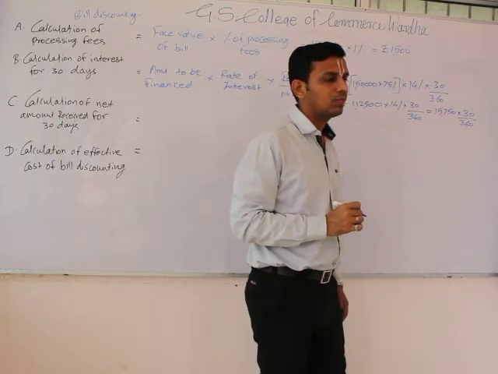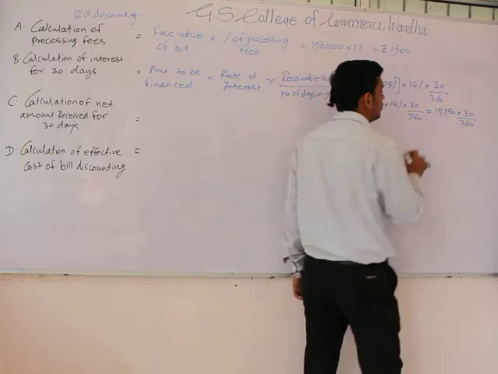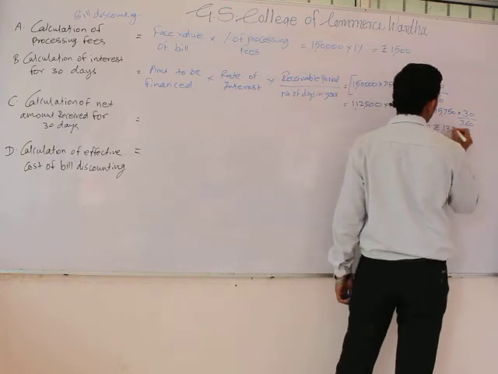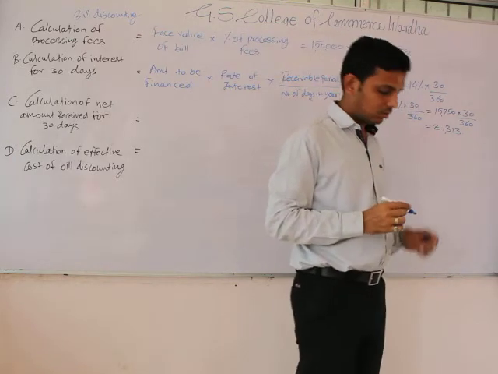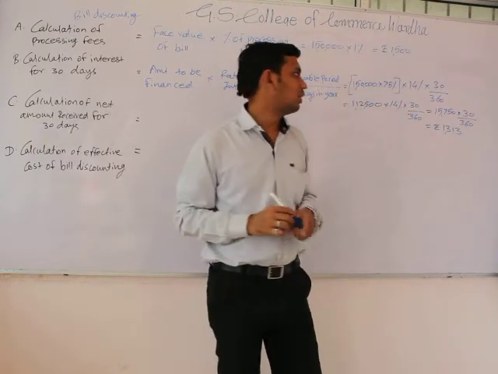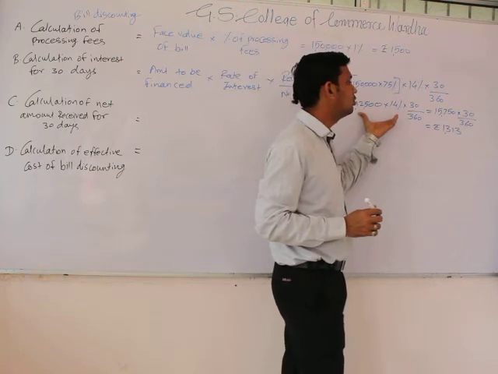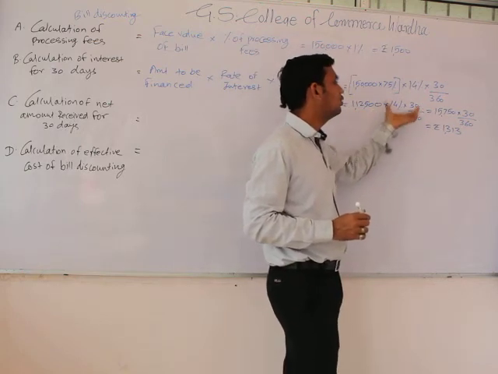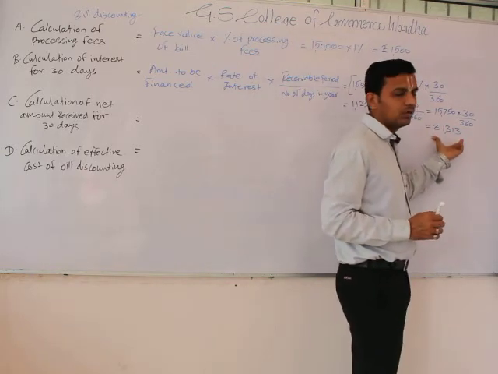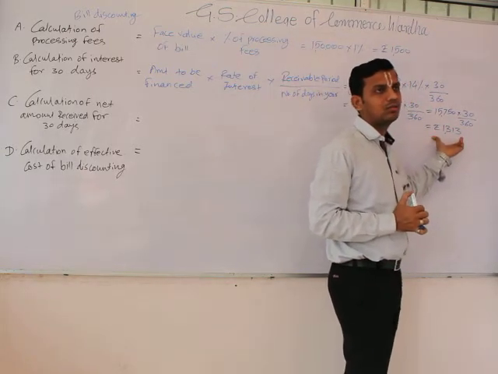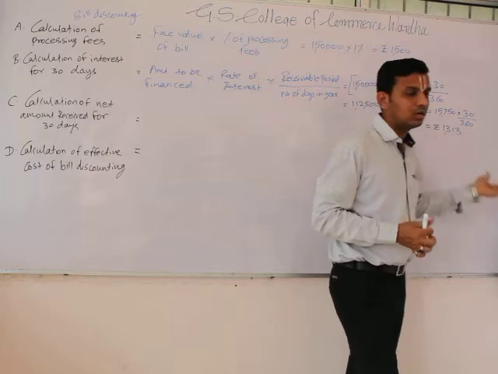Therefore the charges of interest would be approximately rupees 1,313. We can directly sum up at this stage also: 1,12,500 into 14 1/4% into 30 divided by 360, you will directly get interest charges of about rupees 1,313.